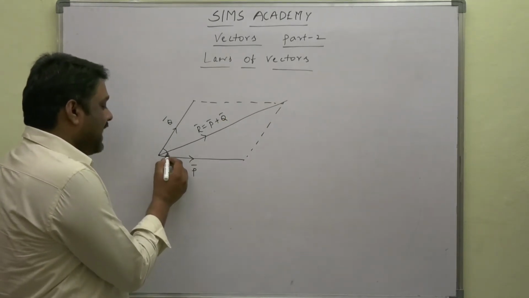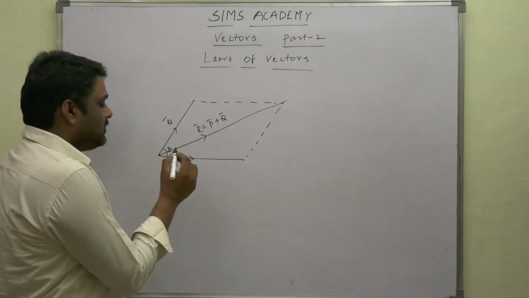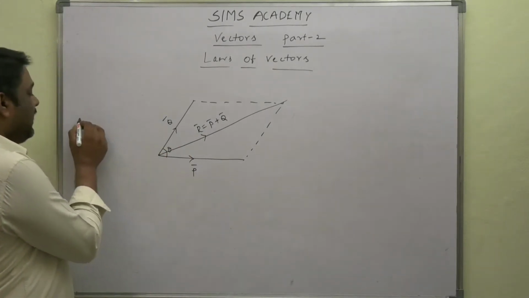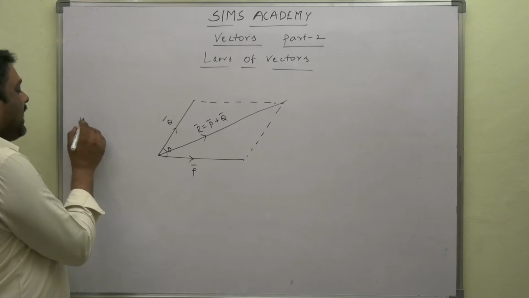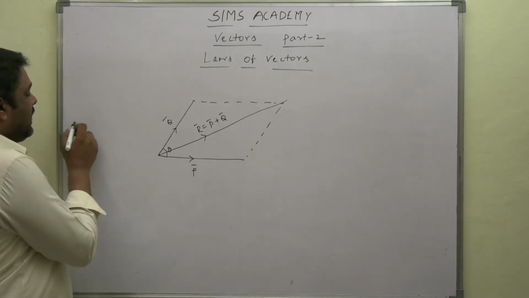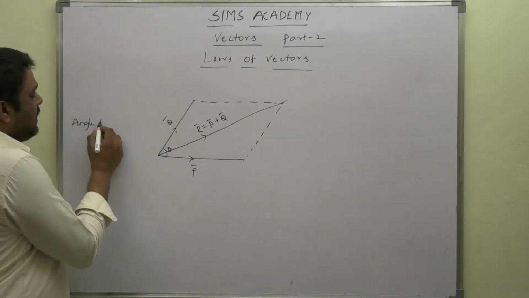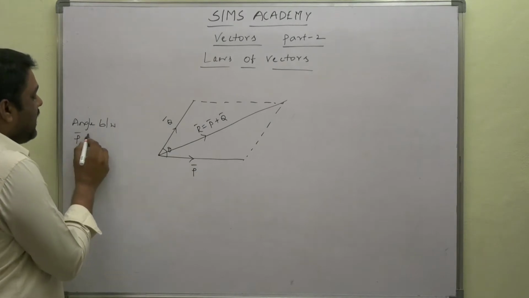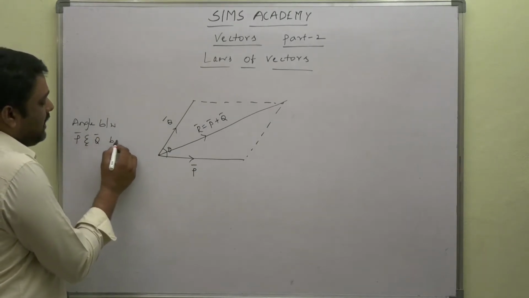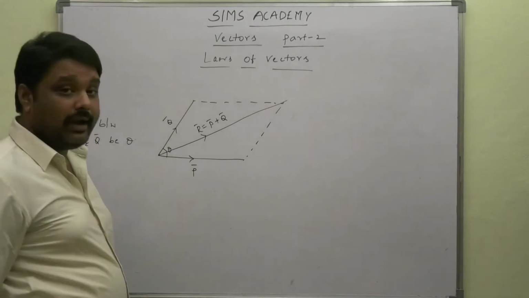Let us suppose the angle between those two vectors, the angle between P bar and Q bar, be theta.